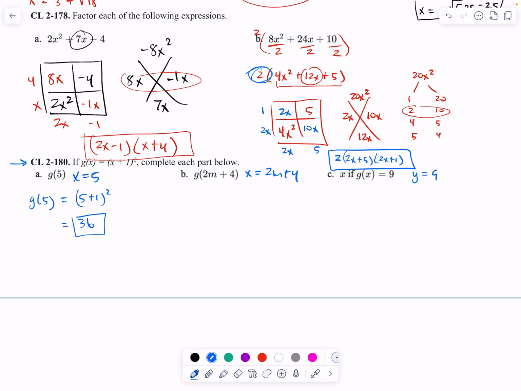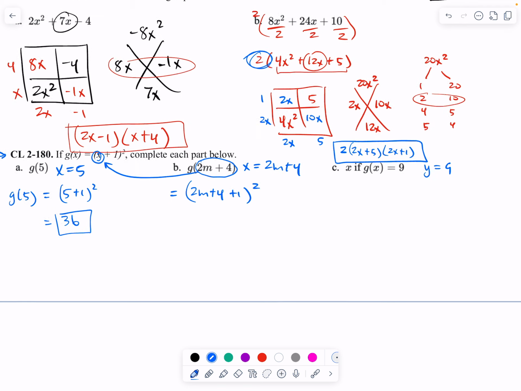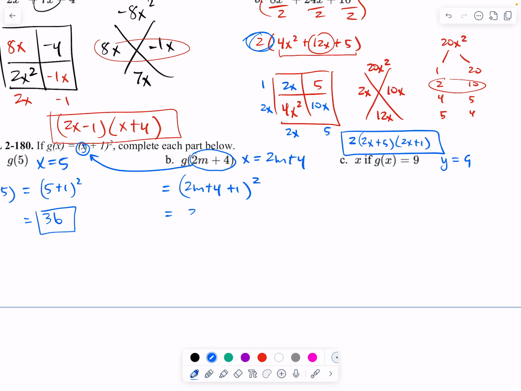G of 2m plus 4 is going to be equal to 2m plus 4. That's my x. But then I've got the plus 1 squared. So I'm taking all of this stuff and I'm plugging it in here for x. And so this becomes 2m plus 5 squared.